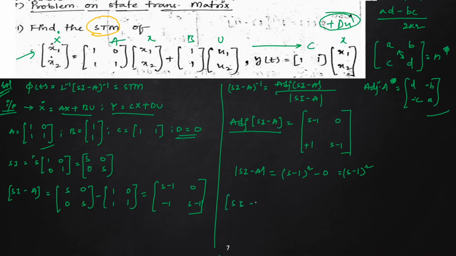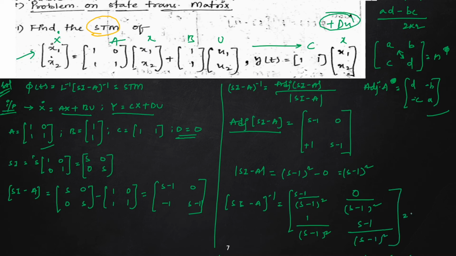Now if you divide the adjoint of sI minus A by the determinant of sI minus A, we will get (sI minus A) whole inverse. Here it is 1 by (s minus 1) whole square, here it is 0 by (s minus 1) whole square, here 1 by (s minus 1) whole square, and here (s minus 1) upon (s minus 1) whole square.